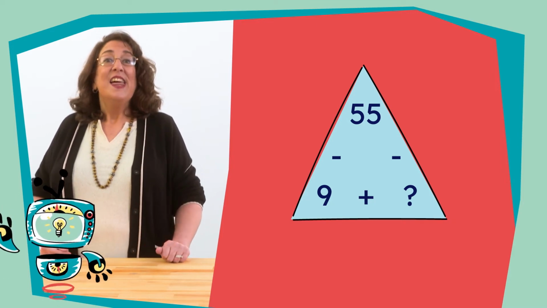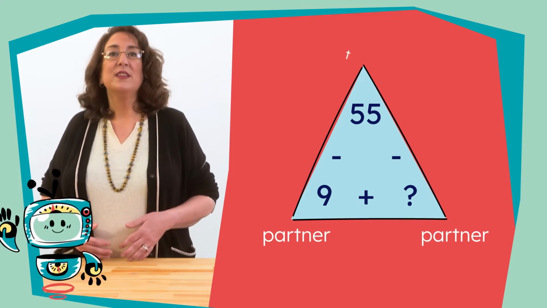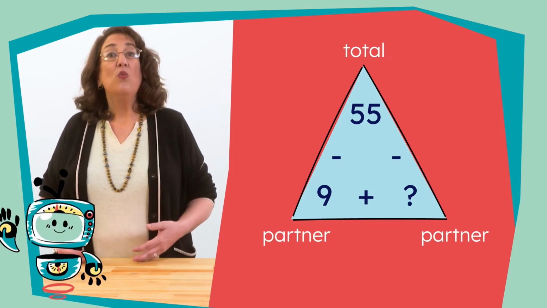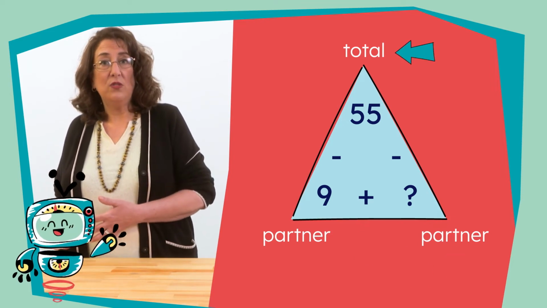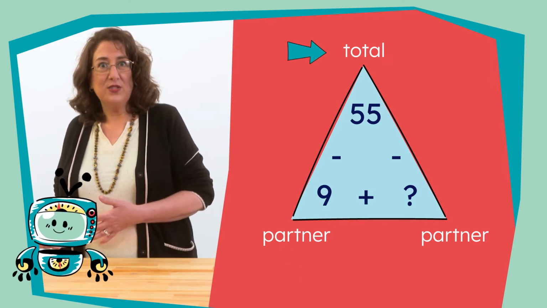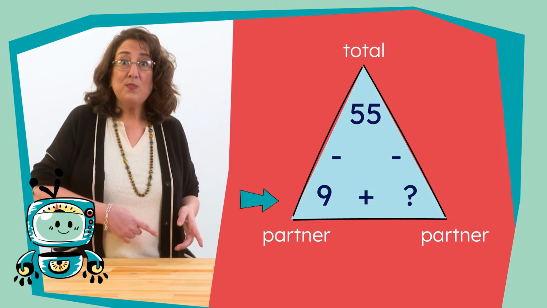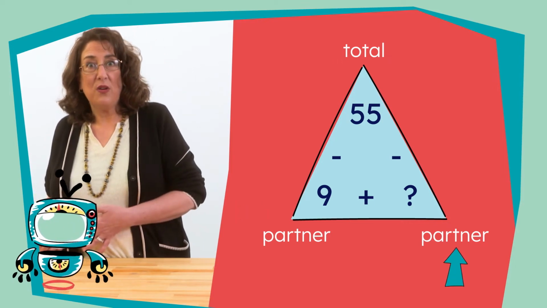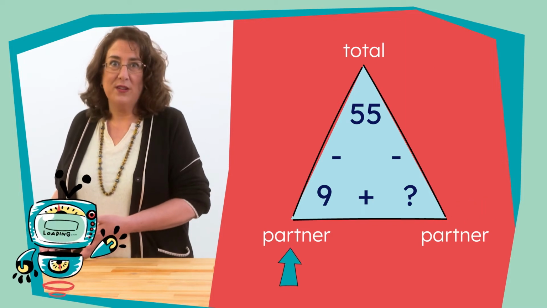Right. This shows us the relationship between the partners and the total. We know that this partner plus this partner equals the total, and the total minus this partner equals the other partner, and the total minus this partner equals that partner.